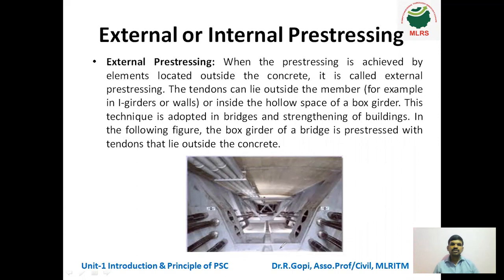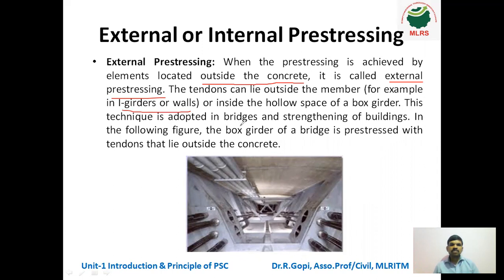When the pre-stressing is achieved by elements located outside the concrete, it is called external pre-stressing, not inside. The tendons can lie outside the member, for example, I-girder or walls, or inside the hollow space of the box girder. So this is the box girder.